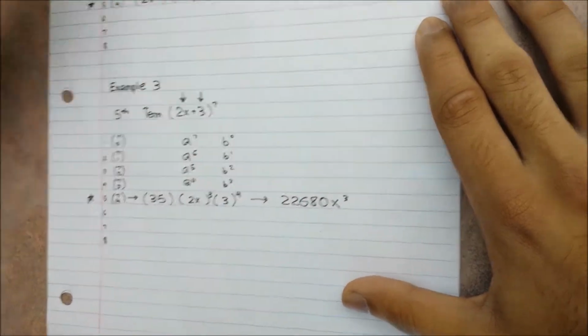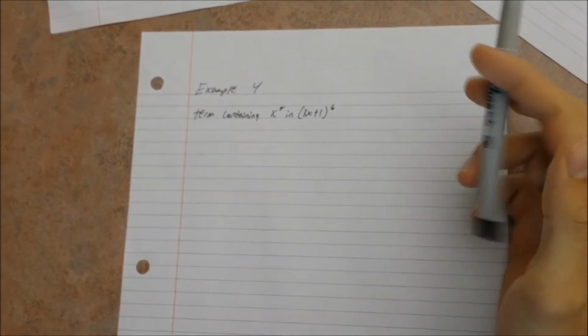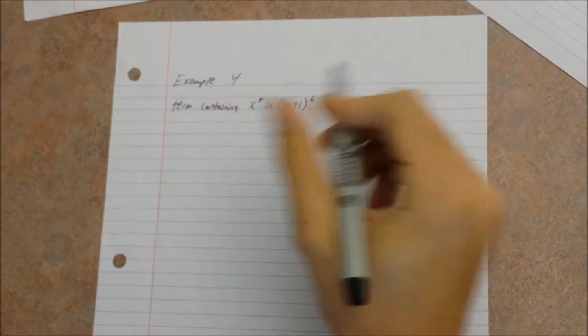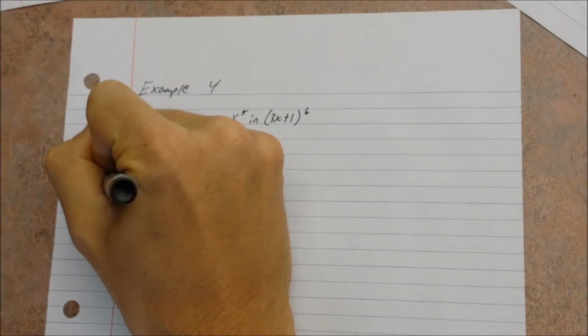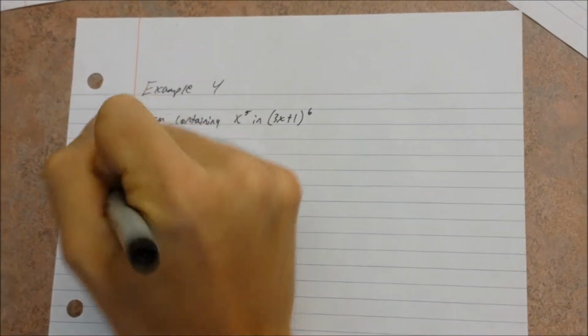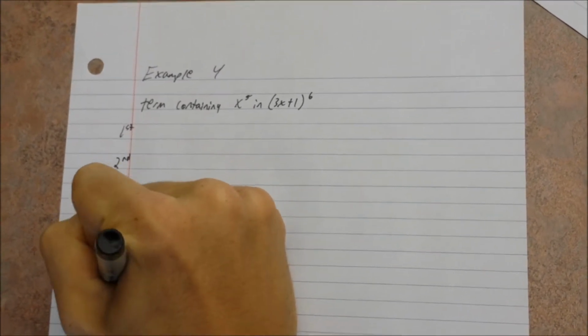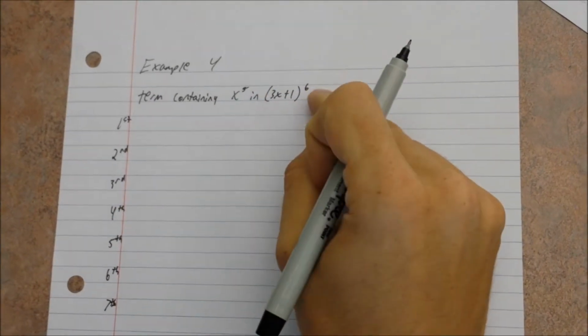Okay, and a final type of problem that you can have with binomial expansion is where you have to find a term containing x to the 5th. So what we're going to do for this is write down our rows. We have 7 rows because our power is 6.